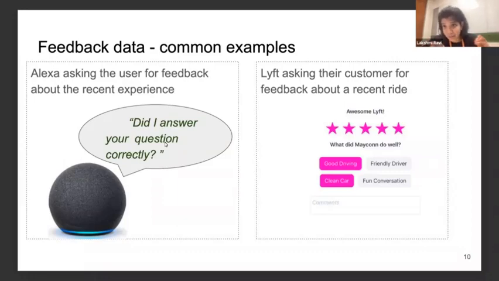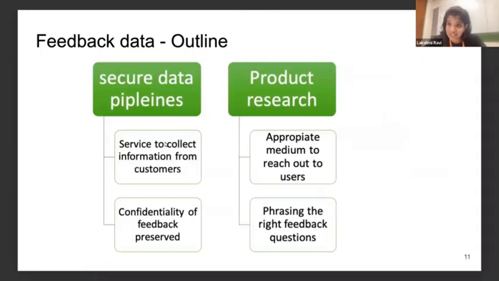So what are the skills involved in, again, collecting the data? Whenever it is about feedback data, since it is a confidential piece of information the user is willing to share with you as a product owner, it always requires some secure data pipelines to be developed. It requires the confidentiality to be maintained right from where the customer has given the information until it reaches you.